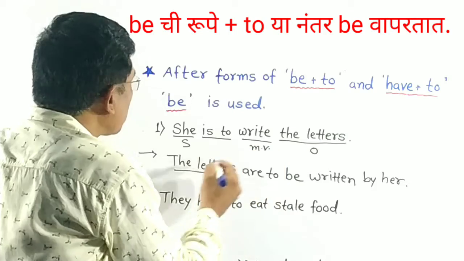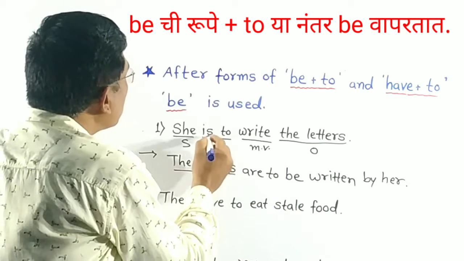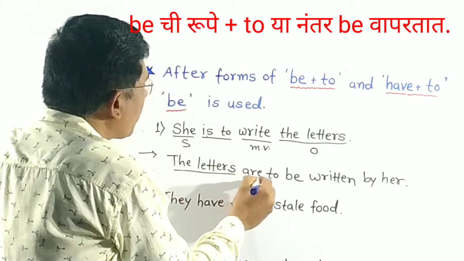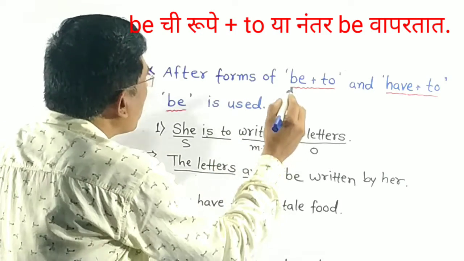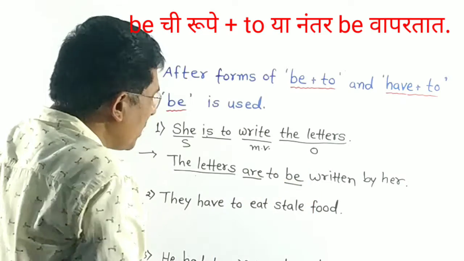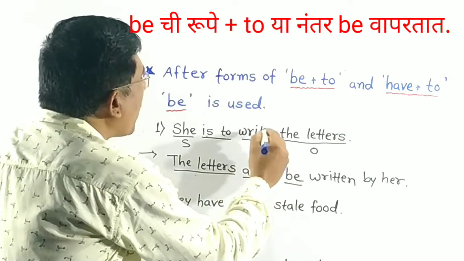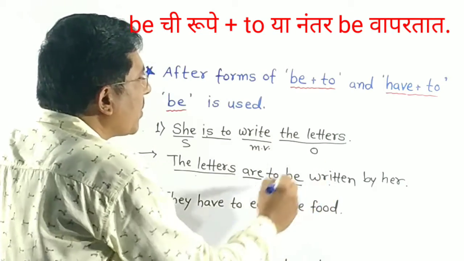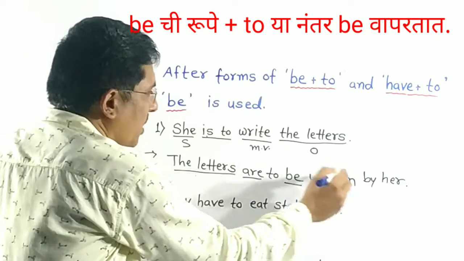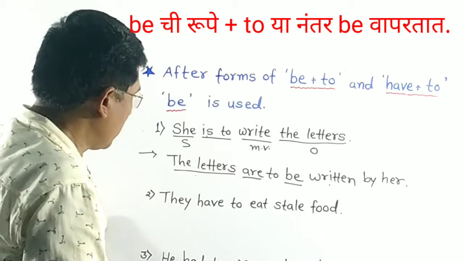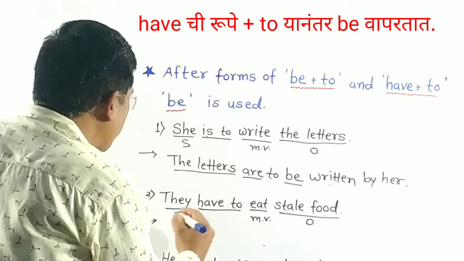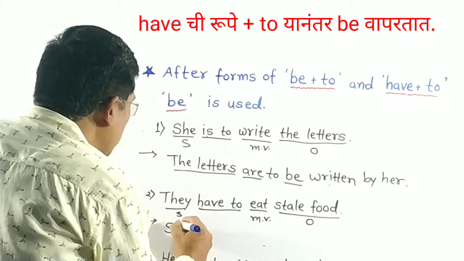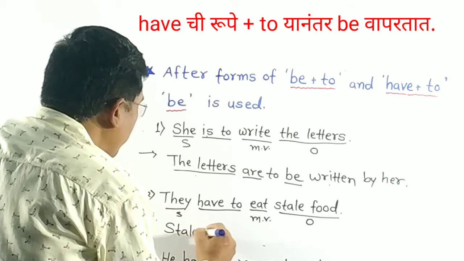See here the letters are taken in the beginning. Instead of is, appropriate form of be, are to. Then in passive voice we use be, past participle form of main verb written, and she becomes by her. Now next sentence. Take object first. Stale food.